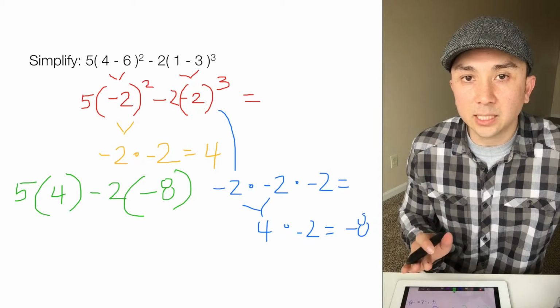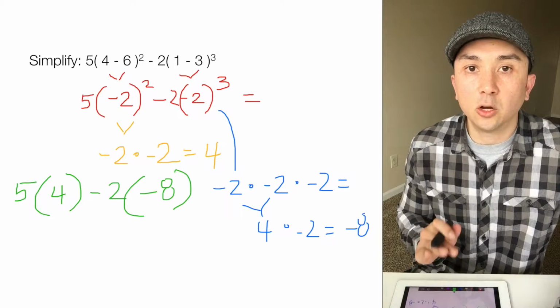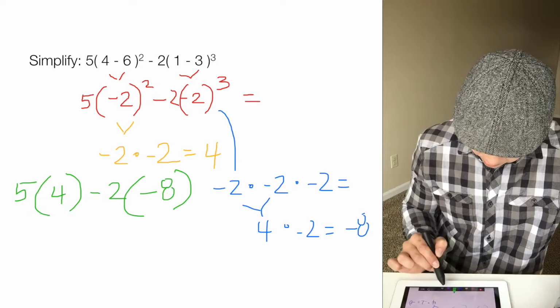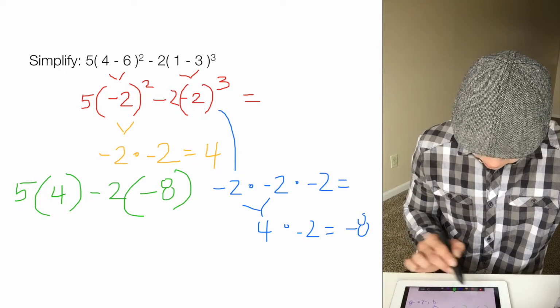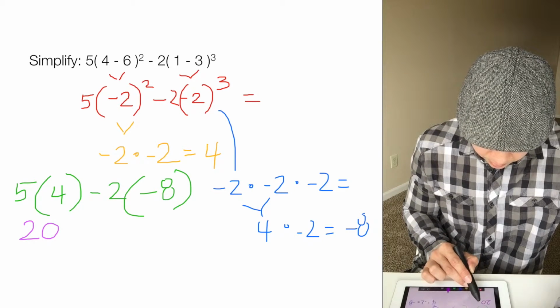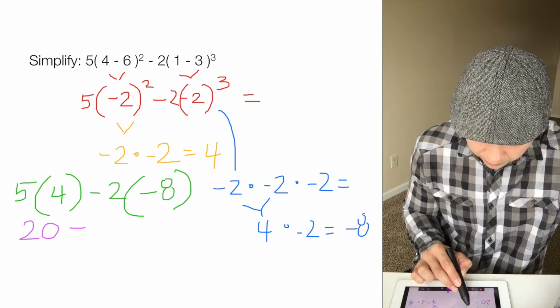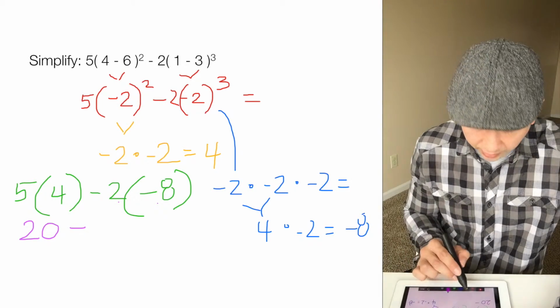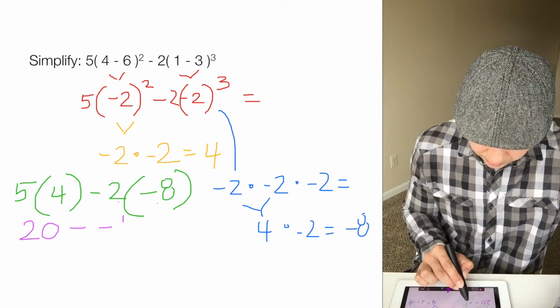So now the next thing we're going to do is multiplication or division, working from left to right. So now we have 5 times 4, we know is 20, minus, and then here we have 2 times negative 8. So 2 times negative 8 is negative 16.